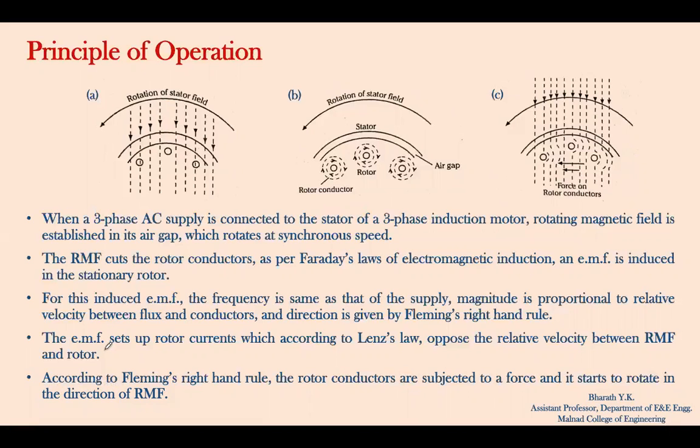This induced EMF sets up rotor currents, which according to Lenz's law should oppose the very cause of it. So that's why it opposes the relative velocity between the rotating magnetic field and the rotor conductors. And according to Fleming's rule, the rotor conductors are subjected to a force, and the rotor starts to rotate in the direction of the rotating magnetic field.